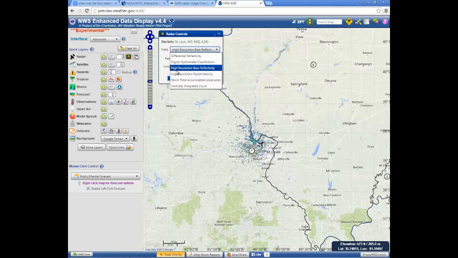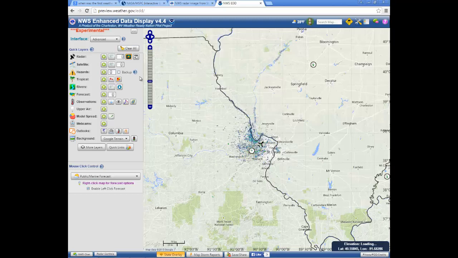The dual pole products probably aren't very useful to you. You probably just want to stick with reflectivity and velocity. So anyway, that's the EDD looking at radar.